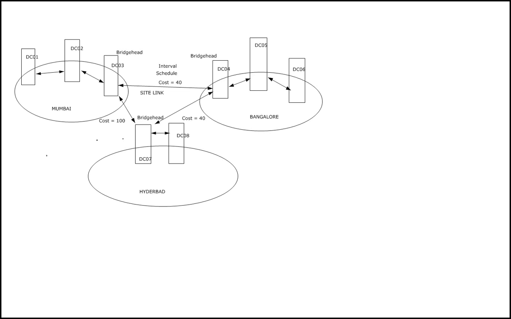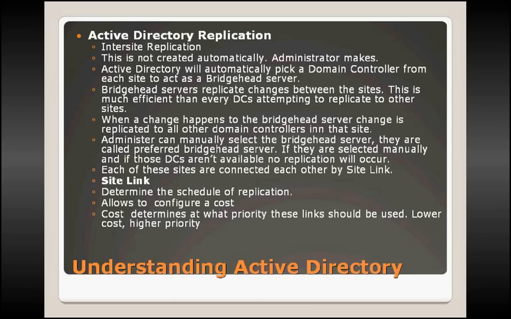And whenever a site link goes down, KCC is going to create a new topology, and this KCC runs every 15 minutes and looks for any change in the network. And whenever there is any change, it's going to create a new topology. Okay, let's go back to the slide and take it further.